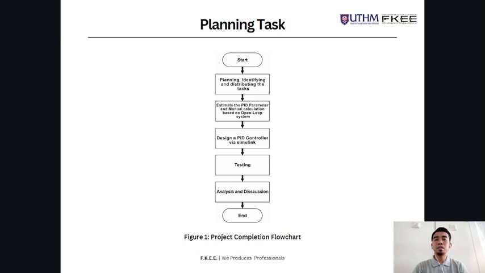And then next is to design PID control via Simulink. After we design the Simulink in MATLAB itself, next we're going to do testing, and then we have analysis and discussions, and then the task ends.